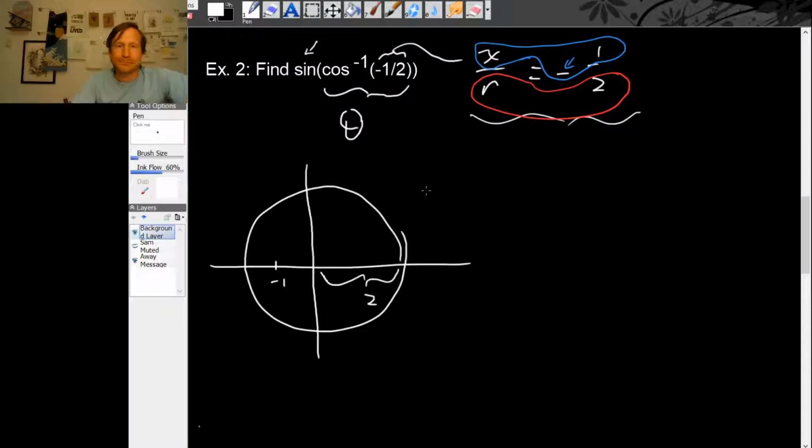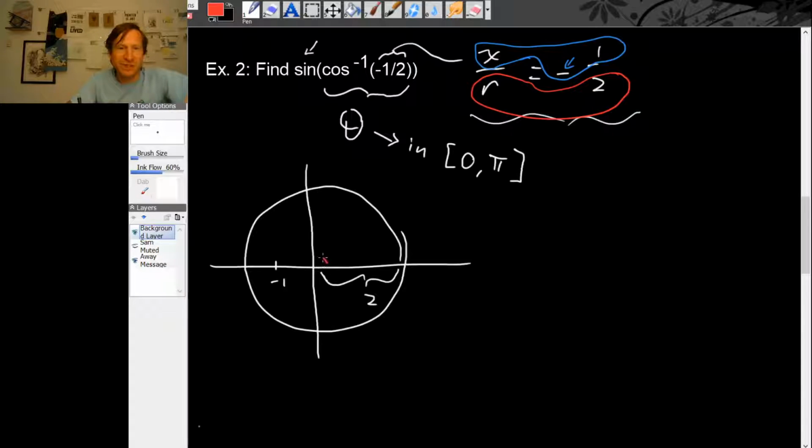All right. So we need to draw an angle theta that gives us this x-coordinate at minus 1. But remember, theta, because it's coming out of inverse cosine, has to be in the restricted domain for cosine, which is from 0 to pi.